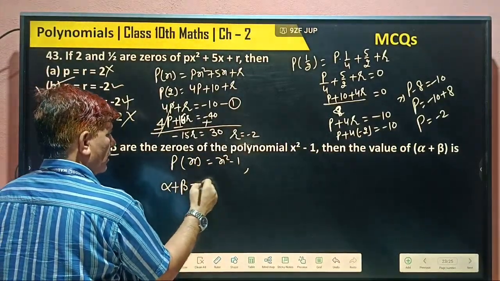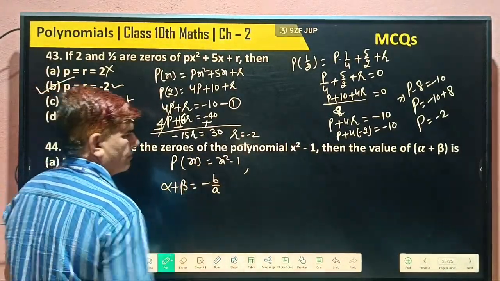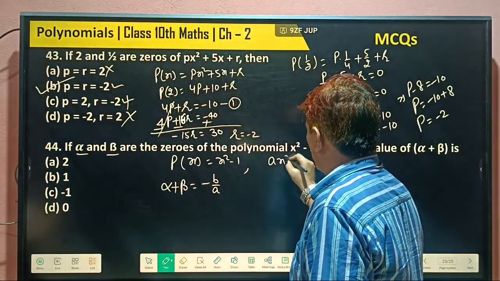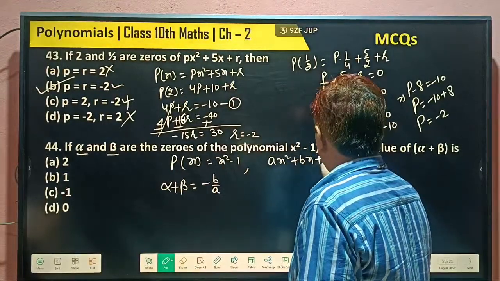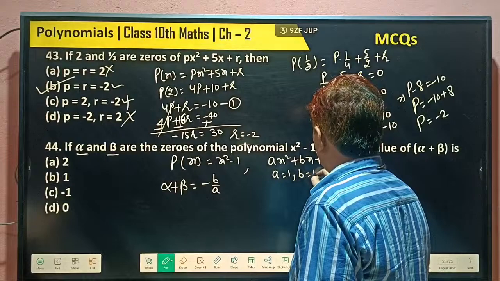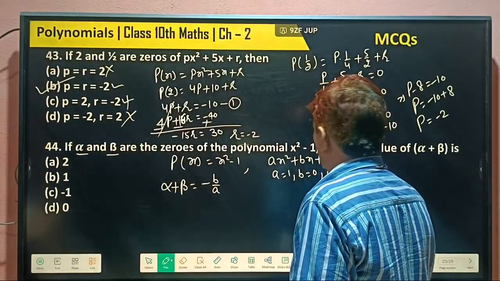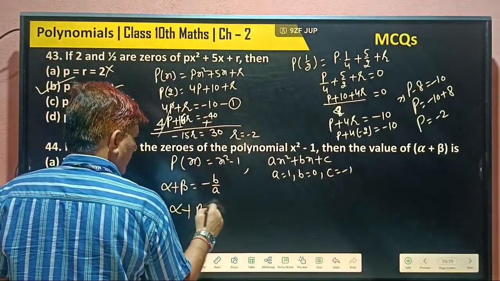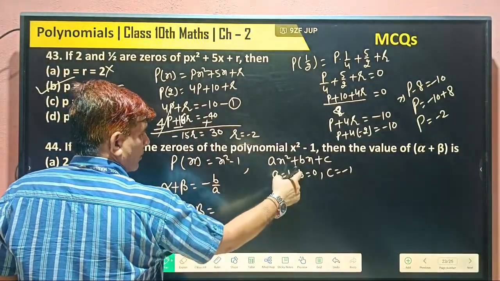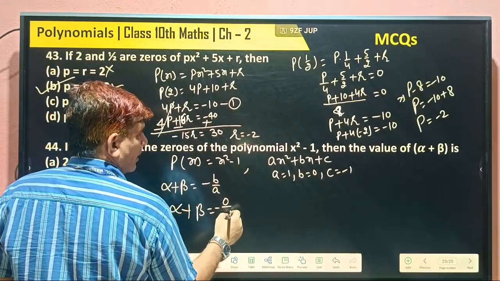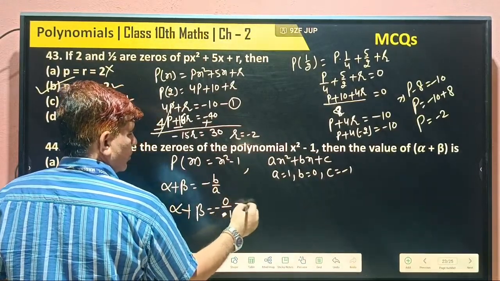Alpha plus beta is minus b by a. Quadratic equation ax square plus bx plus c. So what's your a equal to 1, b equal to 0 and c equal to minus 1. So what's your alpha plus beta? Alpha plus beta equal to minus b by a, b equal to 0, a equal to 1. So 0 by something is 0.